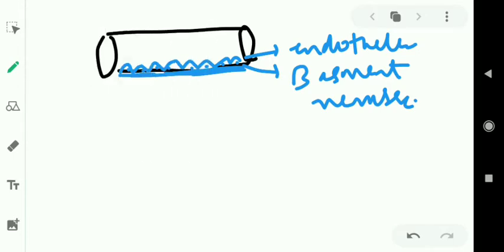This endothelium and the basement membrane together are known as tunica intima.